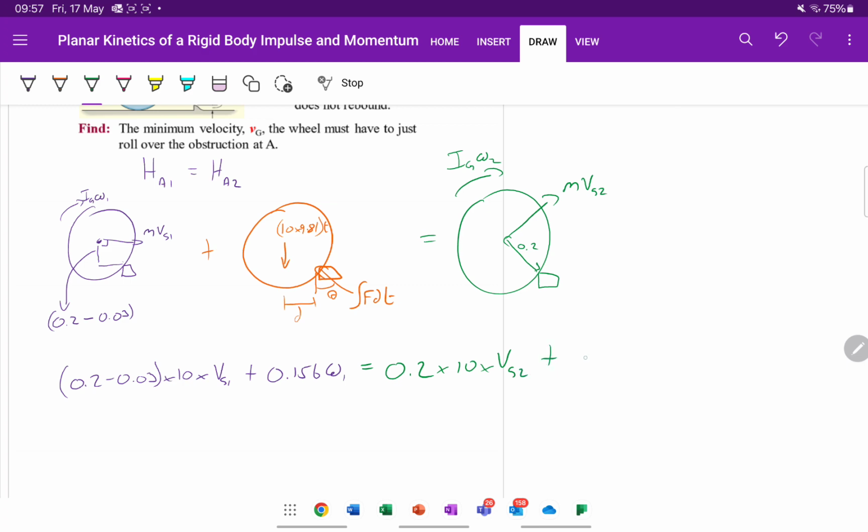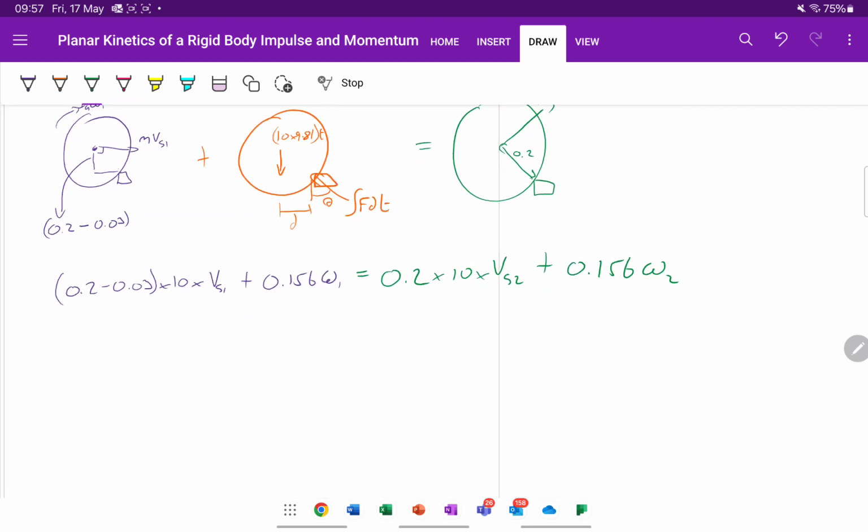We know our inertia again, 0.156 omega 2. We also know V equals omega r, so omega equals V over r, which equals V over 0.2, which equals 5V. So we can substitute that into our equation.